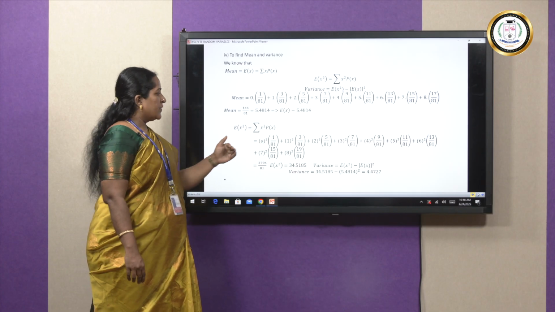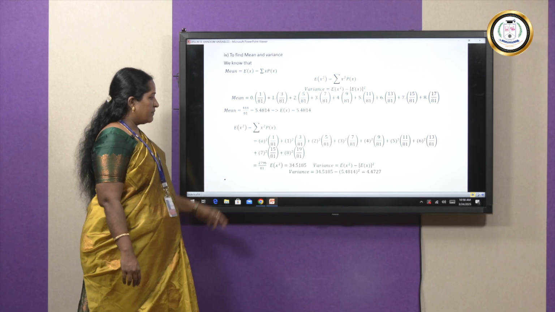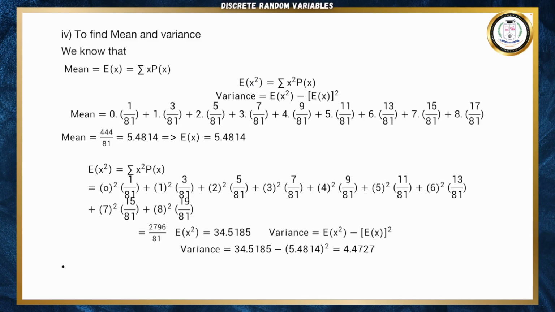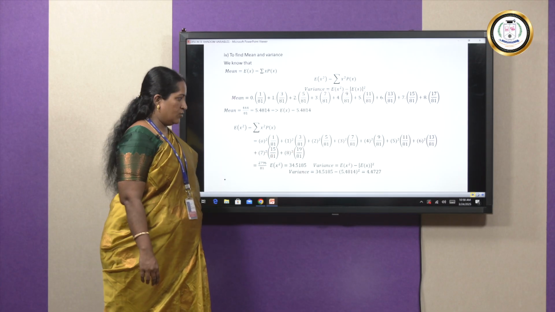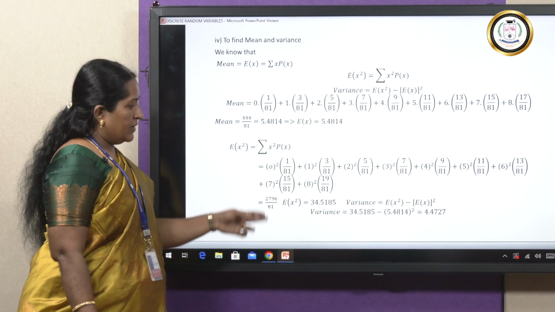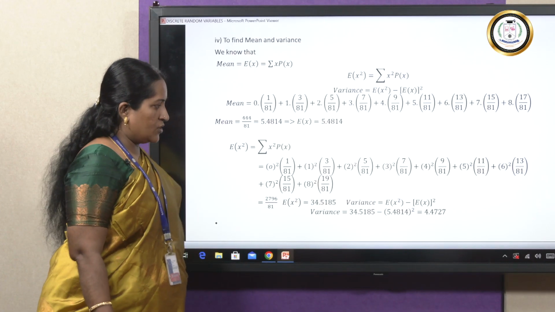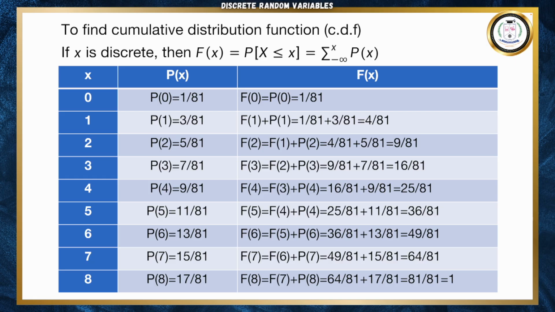When we add all these values, we will be getting 2796 by 81, which is nothing but expectation of x squared, which is 34.5185. Now we can substitute this in the formula. Variance is equal to E of x squared minus E of x the whole square. So E of x squared value is 34.5185 minus 5.4814 the whole square, which is equal to 4.4727.